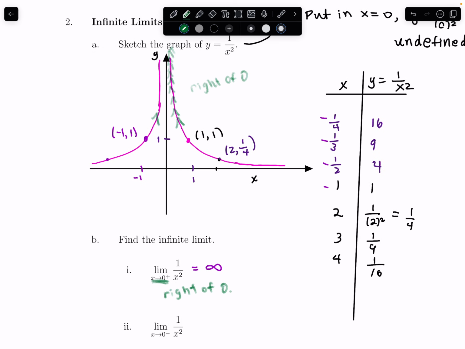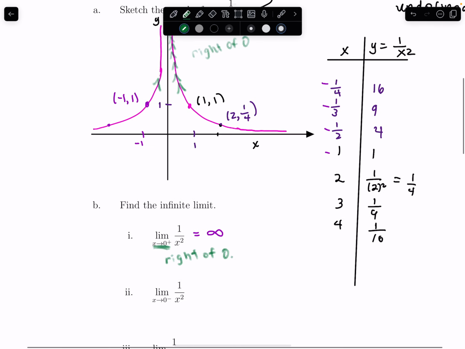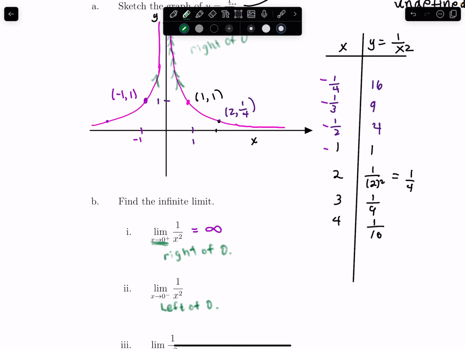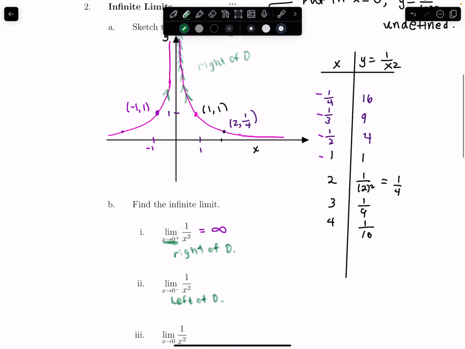Then from the left is the question of the next problem. Left of 0. What do I mean? I look at this vertical line, the y-axis, which is the line x equals 0.